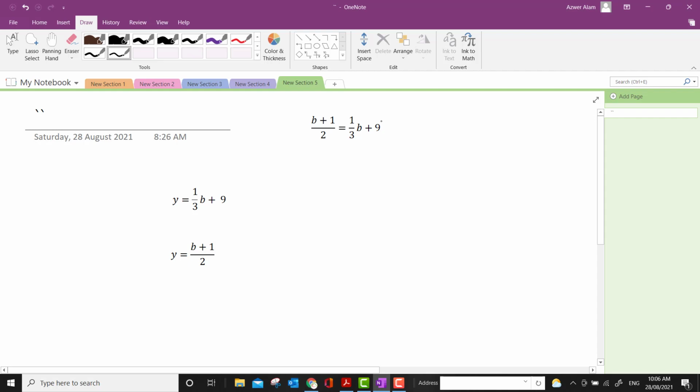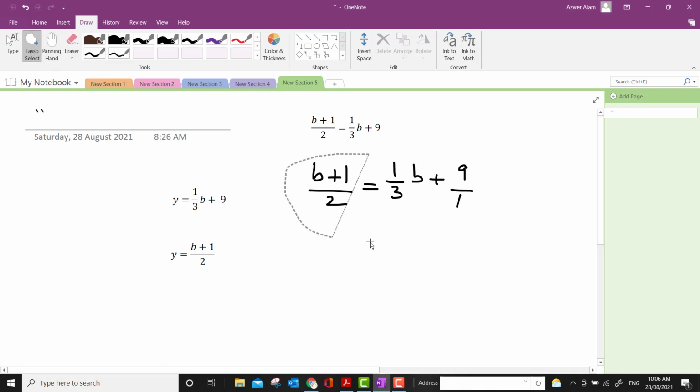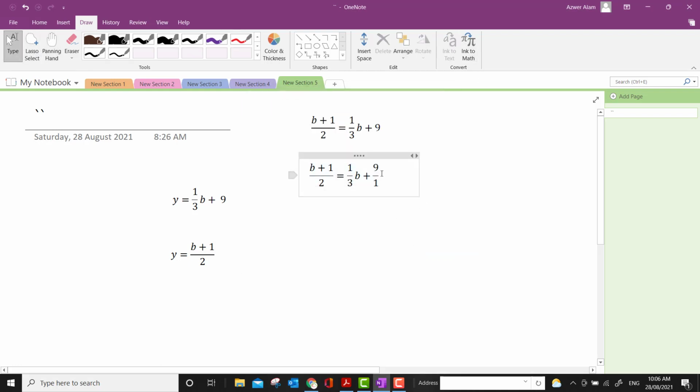Notice that we have a fraction just here and a whole number, and we have to convert this, we have to rewrite this as a fraction. So I will say (b+1)/2 is equal to 1/3 b plus 9/1. 9 over 1 is same as 9.